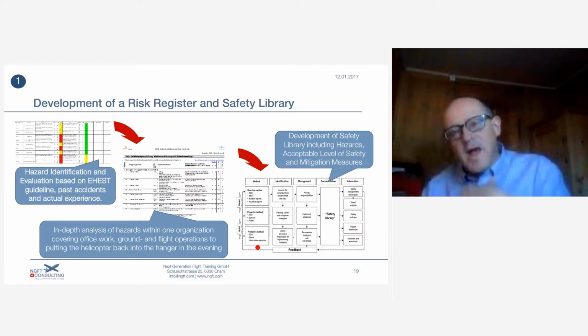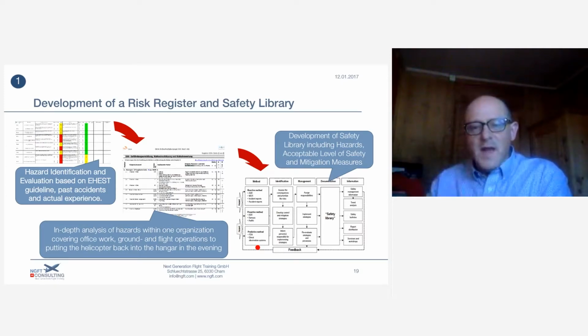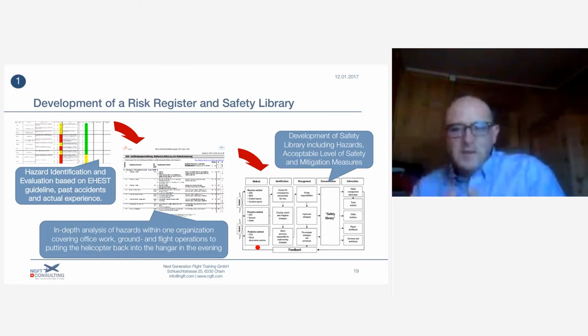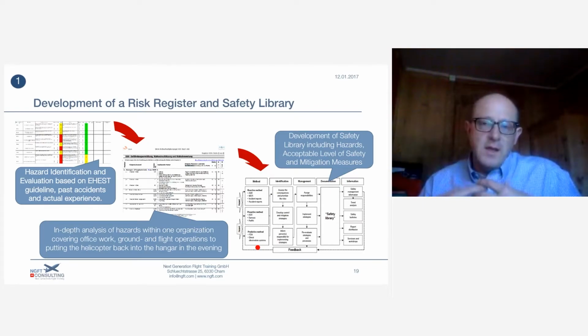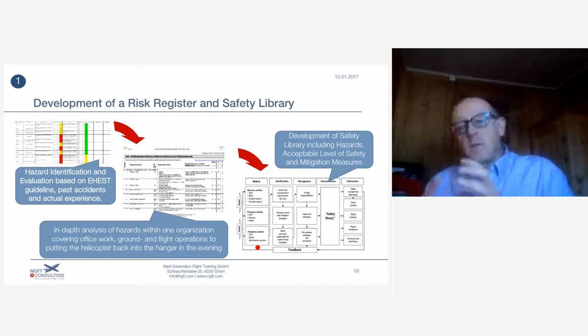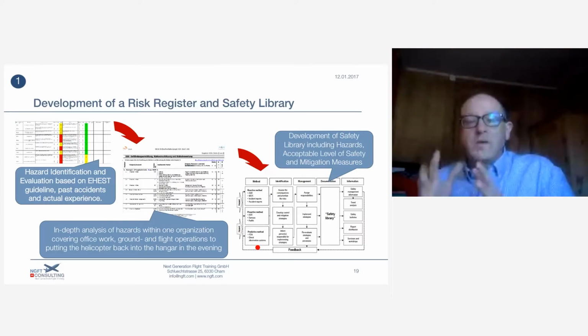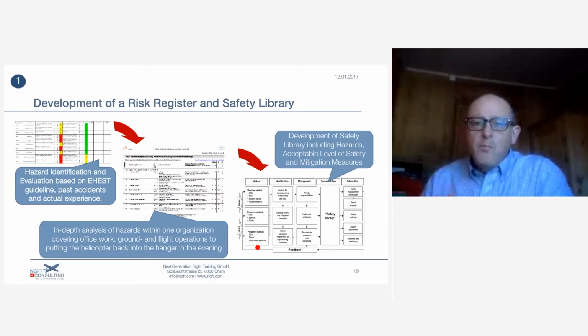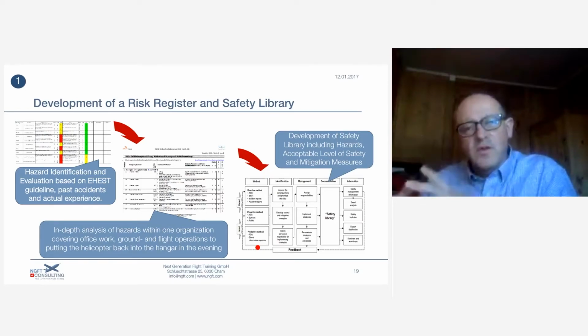Now, once we have this kind of in-depth analysis of the hazards, and then once we have the mitigating measures, well, basically what we do with the information package that we have, we develop a safety library, meaning we start to code, to label certain risks.